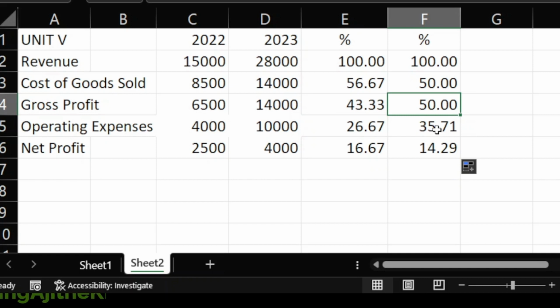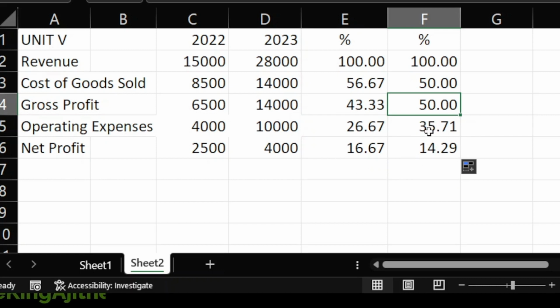That is why this gross profit here, though it is very high in the 23, but net profit come down to 14.29, whereas here it is 16.67. Why this net profit is reduced around 2% here?